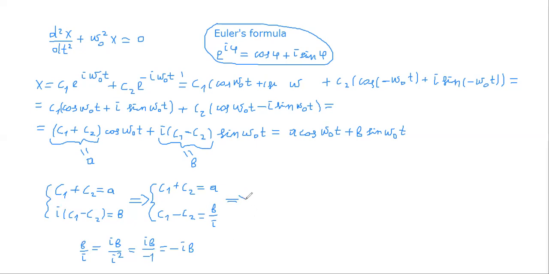So we have obtained that C1 plus C2 is equal to A, and C1 minus C2 is equal to minus IB.